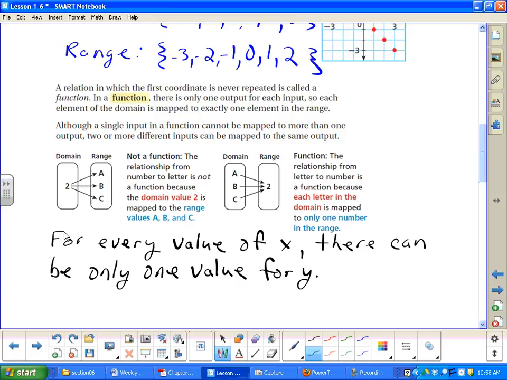Now, they can all be, like in this one on the right, they can all be the same number for y, but they can't be the same number for x.